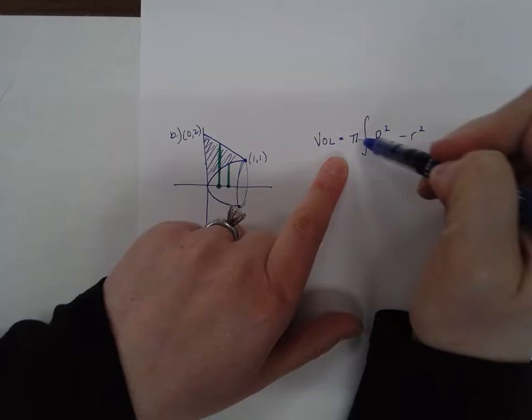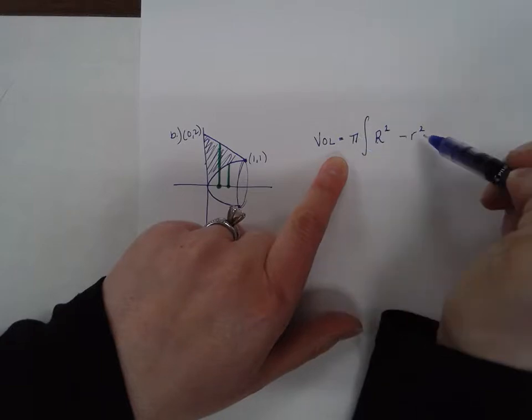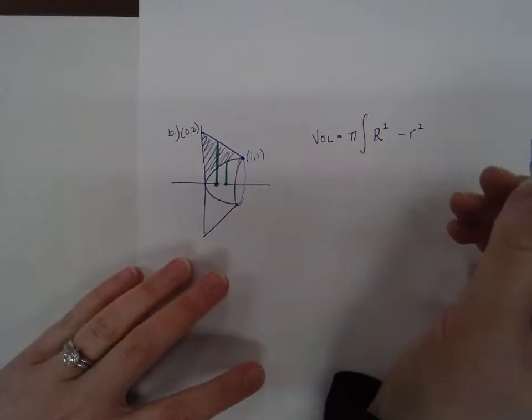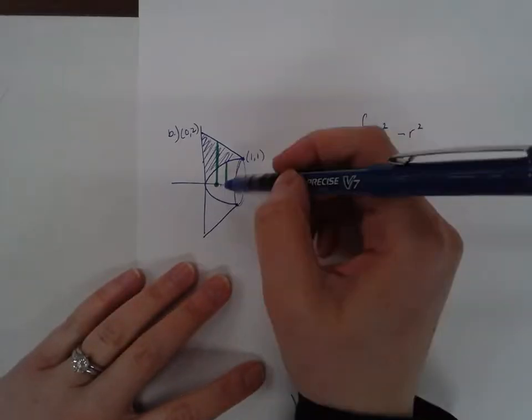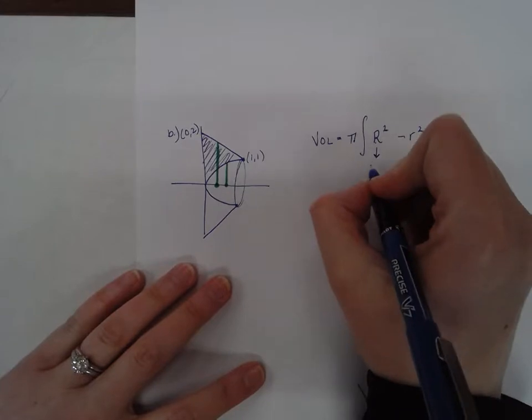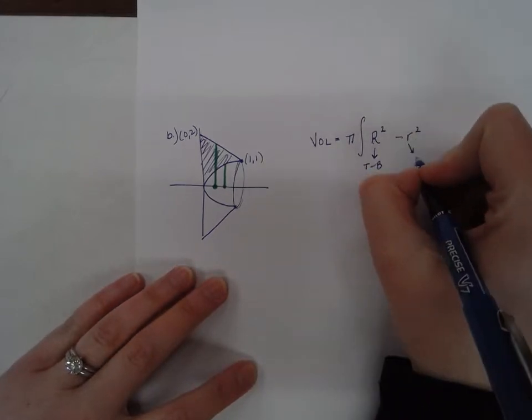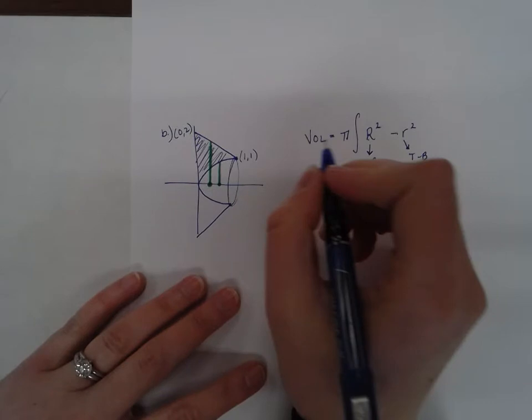So pi big R squared, that's the area of the big circle, and I'm subtracting pi little r squared. That means I'm subtracting this inner region right here that's missing. So now, based on what I drew, to find the radius, I'm going to do top minus bottom. And of course, you're always going to do the same thing for both radii, for the big and the little.